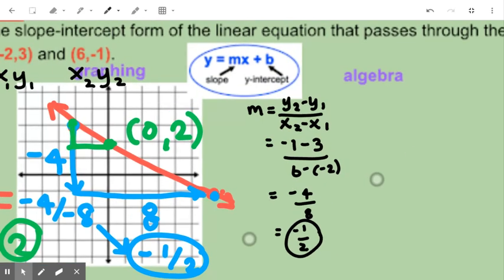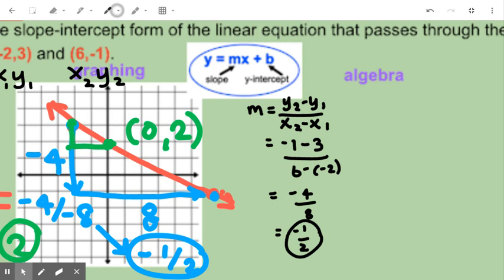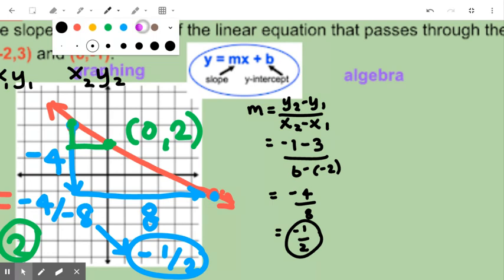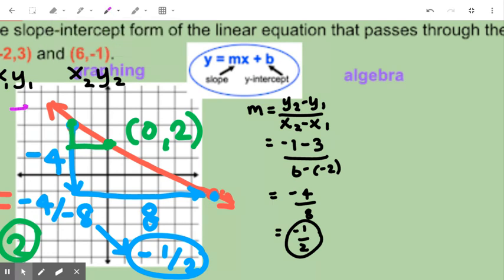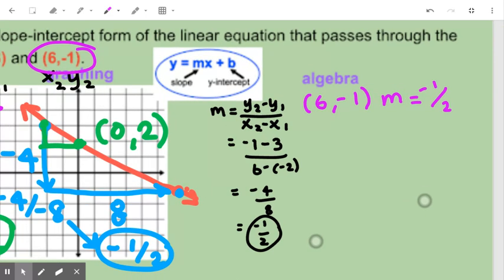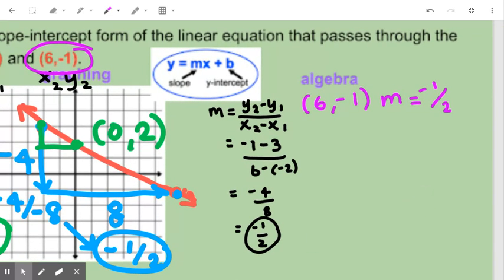Then, if you remember, I take my slope along with one of the points I started with. You could use either one of these 2 points. Just because it's over here to the right, I'm going to use (6, -1). So there's my point, and my slope is -1/2. I'm going to fill those numbers into y equals mx plus b, because remember, that's my equation.